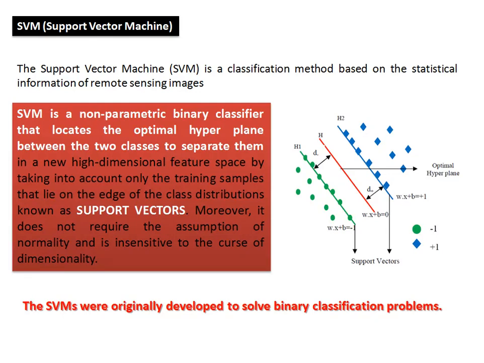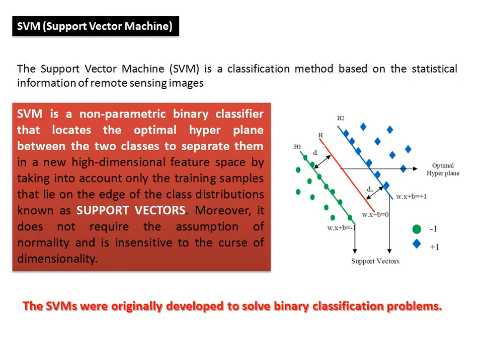Now the next will be the support vector machine. Support vector machine is the most modern classification technique. It is also noteworthy that these kinds of classification techniques you can also use in the case of multispectral images.